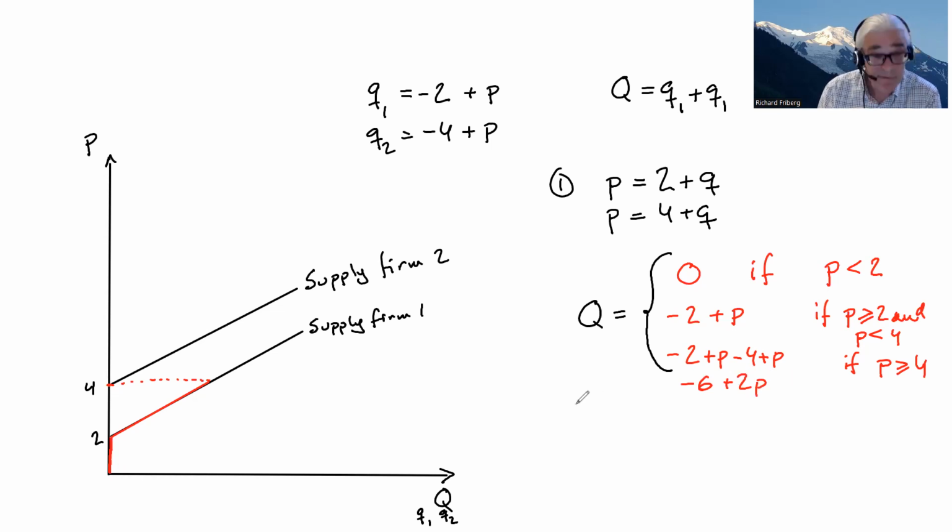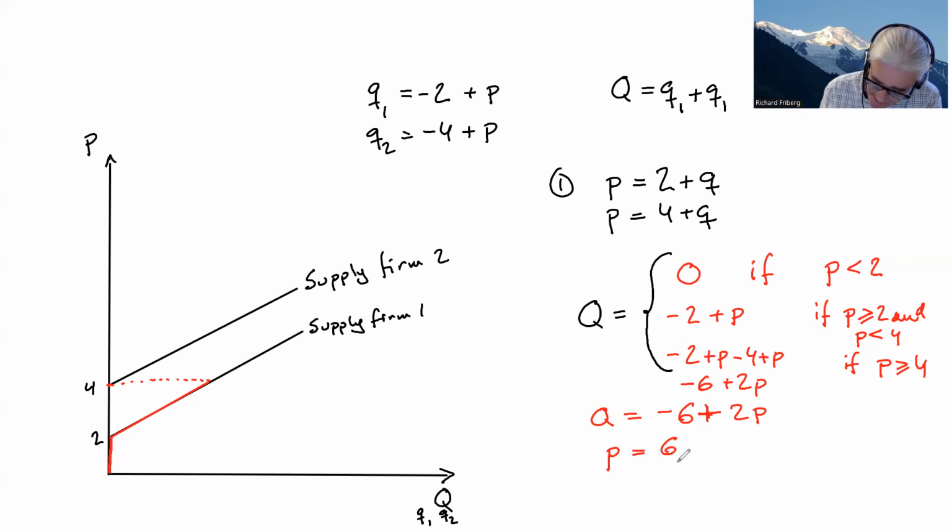Okay, and for that last part, if we want to draw that, we can note that capital Q is equal to -6 plus 2P. Or if we want to express it as the inverse supply curve, we have that P equals, let's see, we're shuffling, changing sides here.